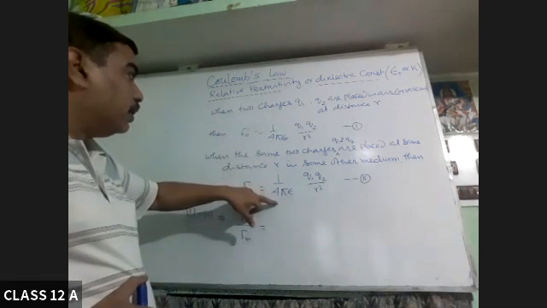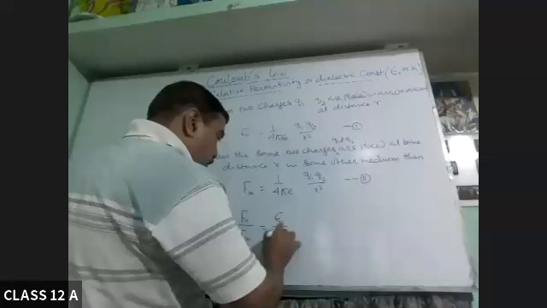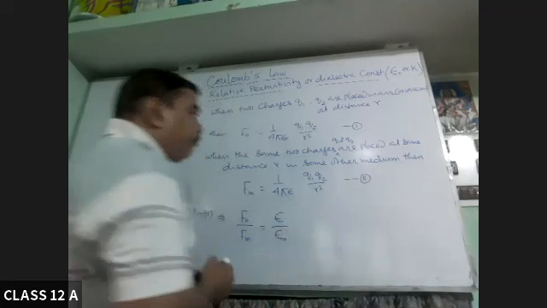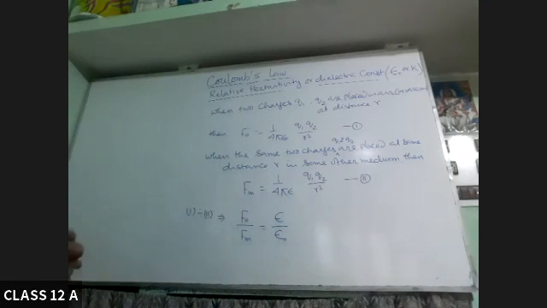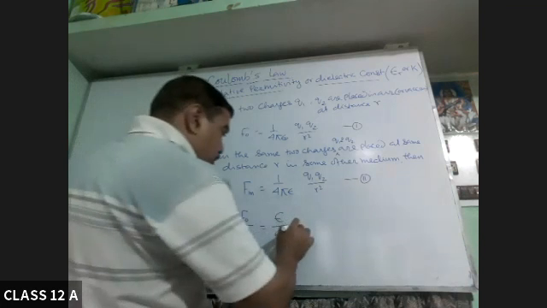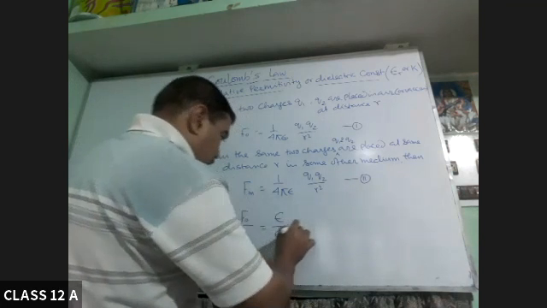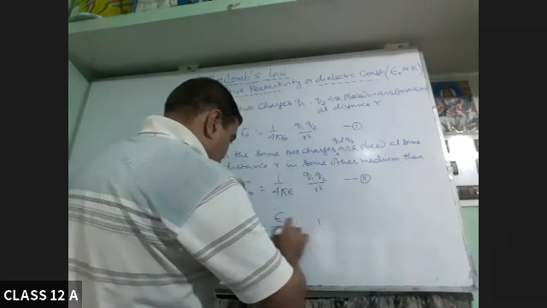This divided by this gives epsilon by epsilon naught, and the rest is all the same.